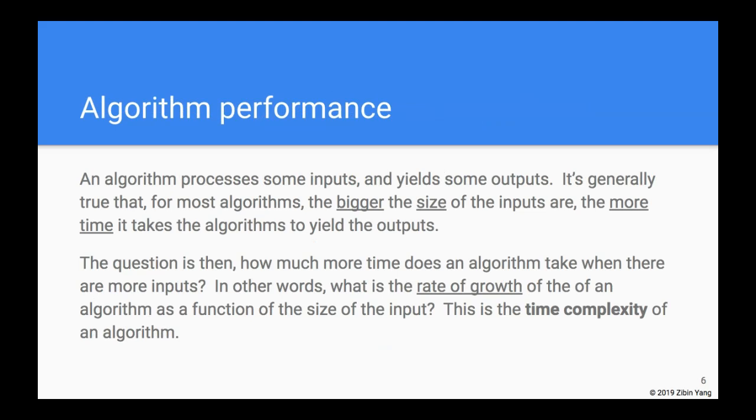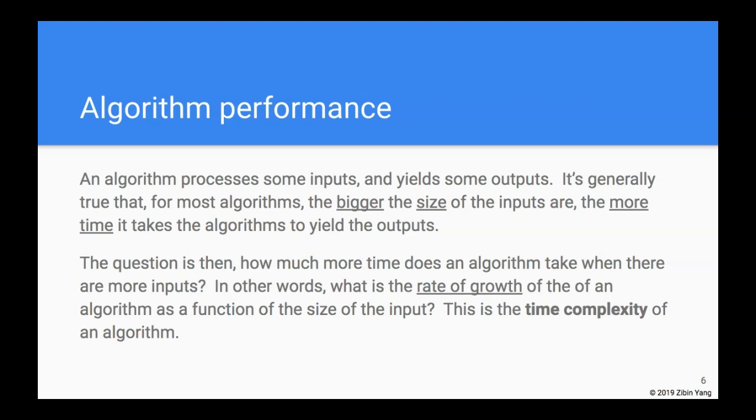So what an algorithm does, in a high-level view, is that given some inputs, it gives us some outputs. And for most algorithms, it's usually the case that the more inputs there are, the bigger the size of the inputs, the more time it will take to process all the inputs and yield the desired outputs.